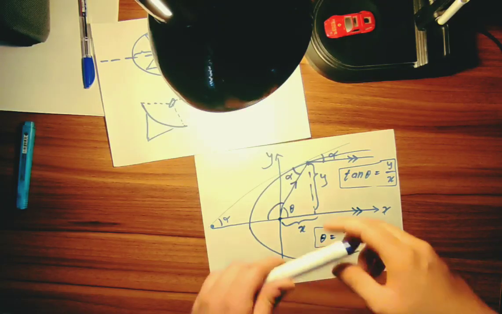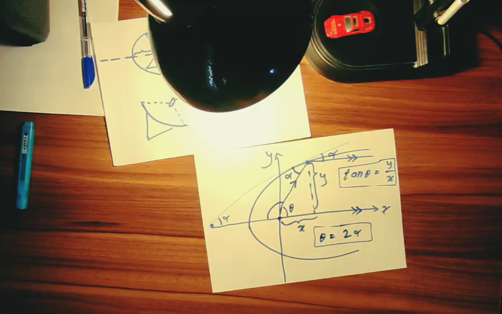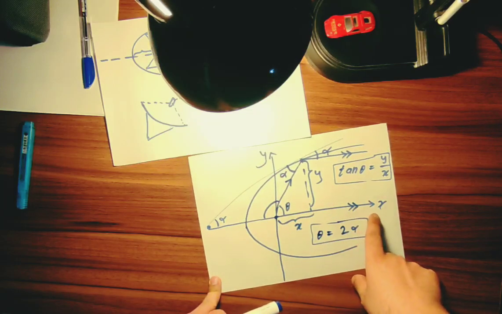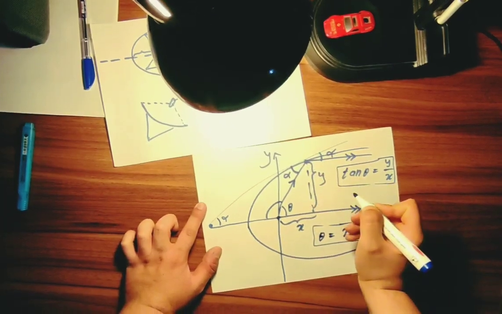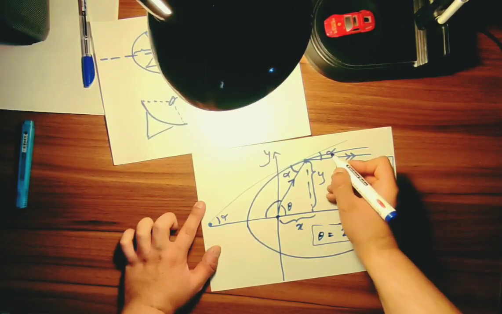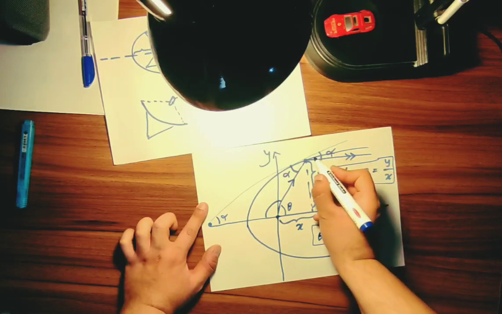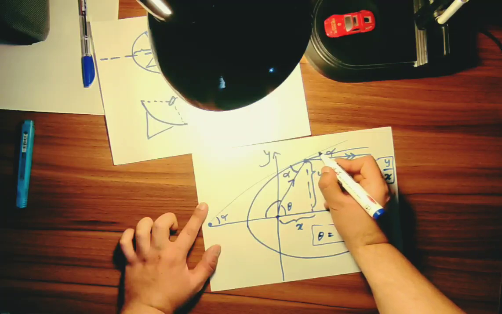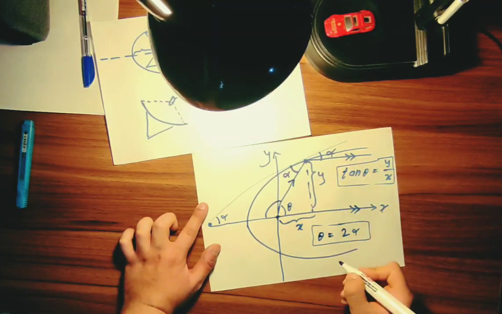Actually, this is the tangent line. The tangent line has a slope, and slope is derivative of y with respect to x at that point. So this is the tangent line. From one aspect, its slope is tangent of alpha, because this line is horizontal and this angle, tangent of this angle, means the slope of the line.